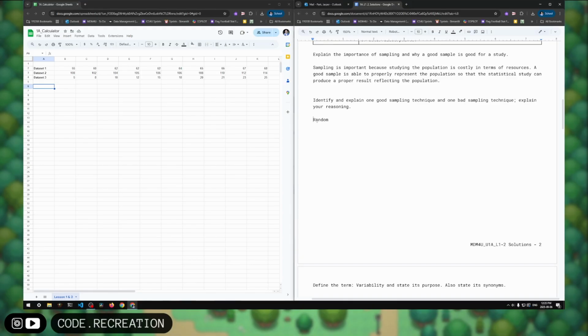Identify and explain one good sampling technique and one bad sampling technique. Explain your reasoning. We're going to look at simple random, where every member of the population has an equal probability, chance to be chosen for the study, and you select, let's say, X amount of members for the study, and they all respond.